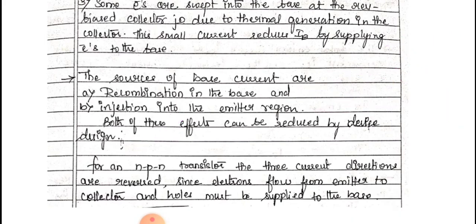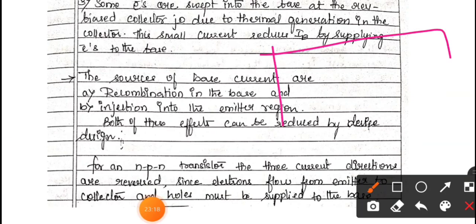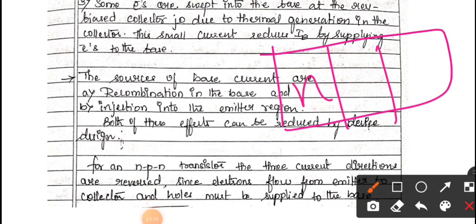For an NPN transistor, the three current directions are reversed, since electrons flow from emitter to collector and holes must be supplied to the base. So for an NPN transistor, the only difference is the direction of current, which will be opposite like this.